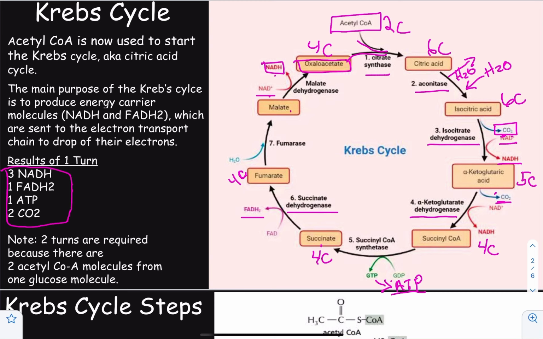But from one glucose molecule, everything's doubled. If I ask what is the result from one glucose molecule, you will have to say 6 NADH, 2 FADH2, 2 ATP, 4 carbon dioxide.